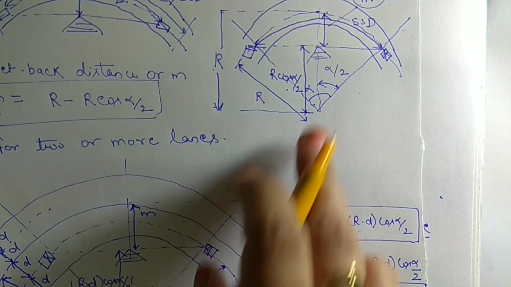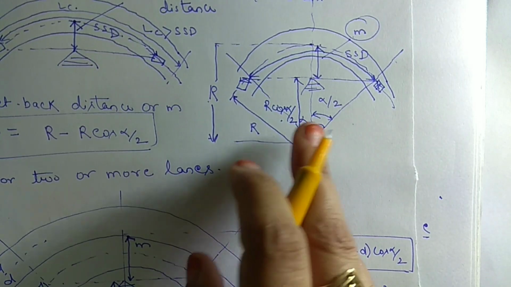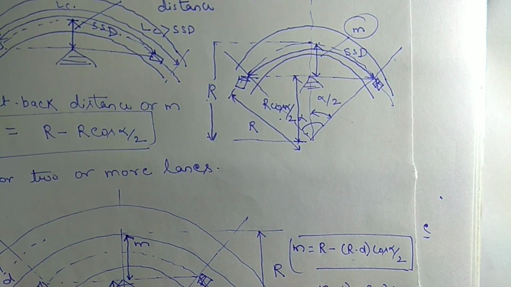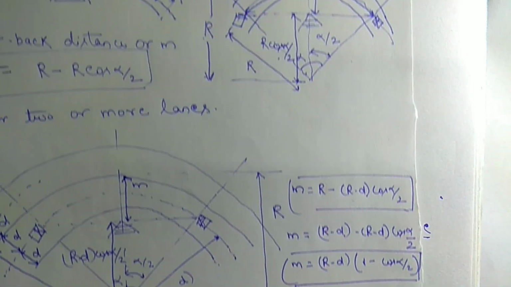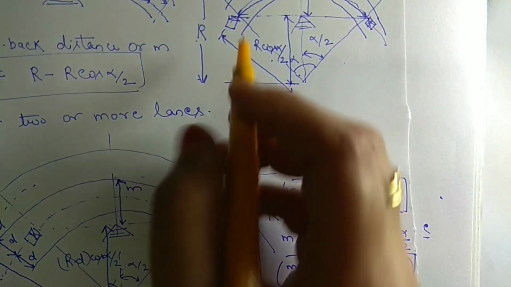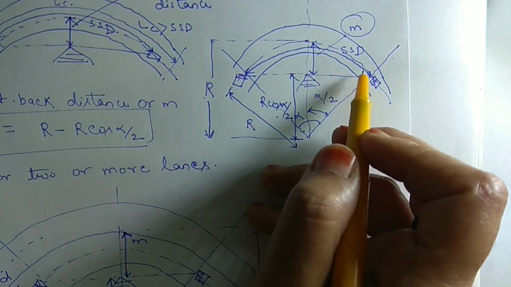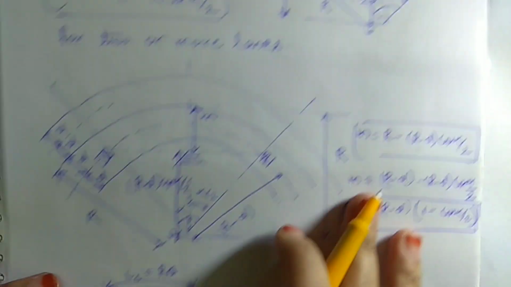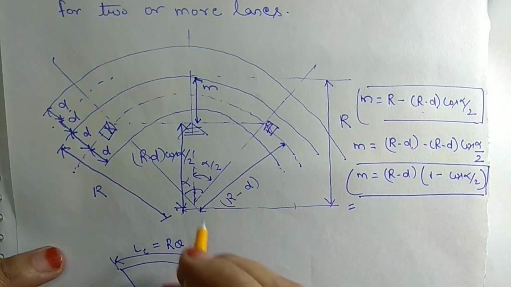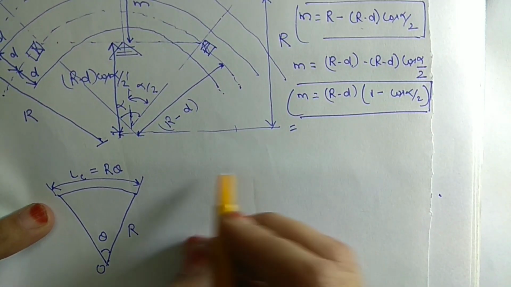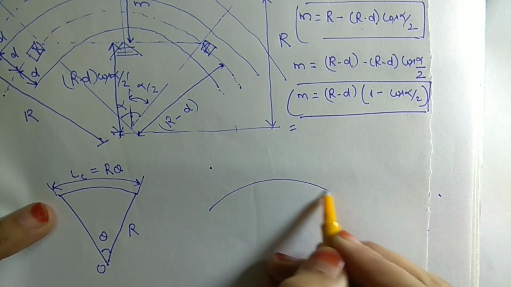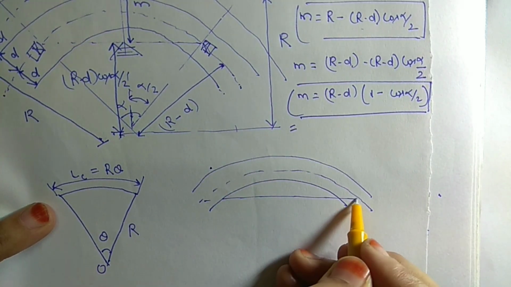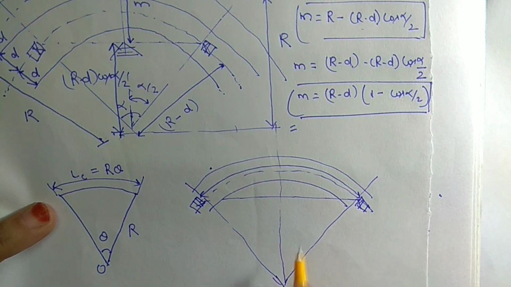If we apply this property on this geometry, on this single lane pavement, what do we get as the SSD, meaning this distance? Let me draw it first. Suppose this is the single lane pavement.